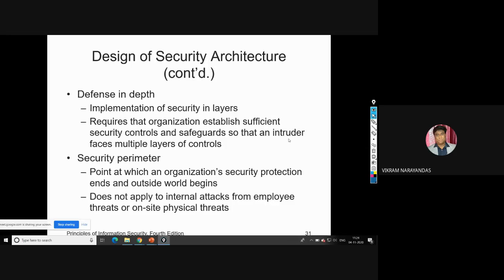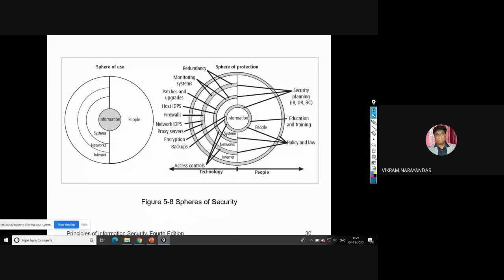These layers of controls can be organized into policies, training and education, and technology. Policies can deter the attacks here. Technology can be implemented in the different layers. Already we discussed that in the previous class.